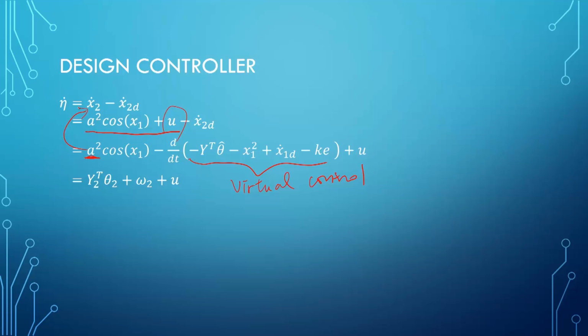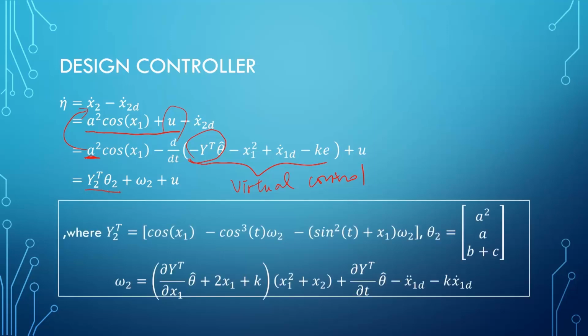That a squared is an unknown constant, and it was not covered in the previous y transpose theta hat. So that's why we have y2 transpose theta 2. The y2 and theta 2 become more complicated, but that's fine.